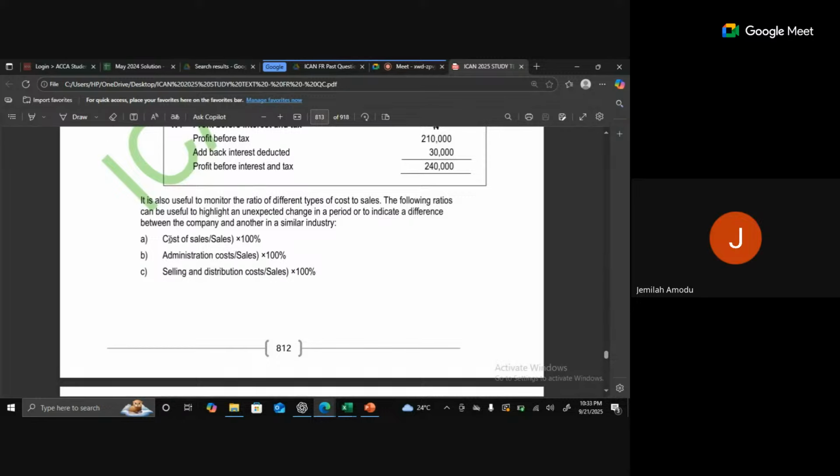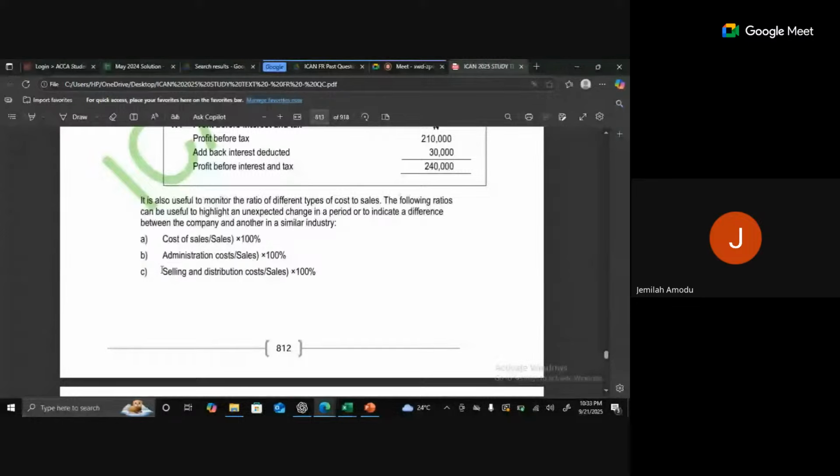What percentage of your sales is your cost of sales? That's basically what you are looking at. Then the net administrative cost in comparison with your sales. To say that, okay, we're making sales of 100,000. In this 100,000 sales, what's the percentage of administrative cost, or how much of that sales is going into administrative costs? That's basically what you're doing.